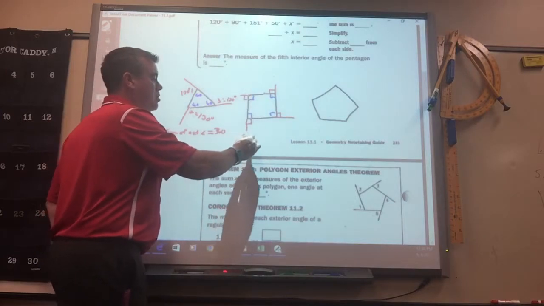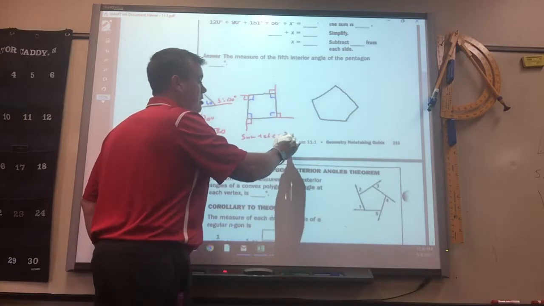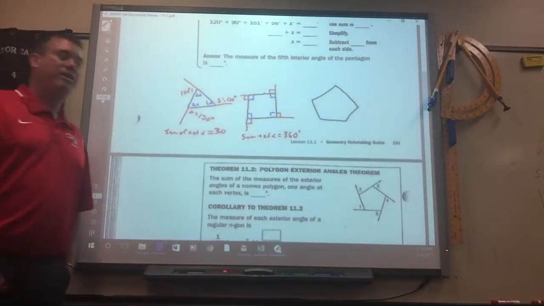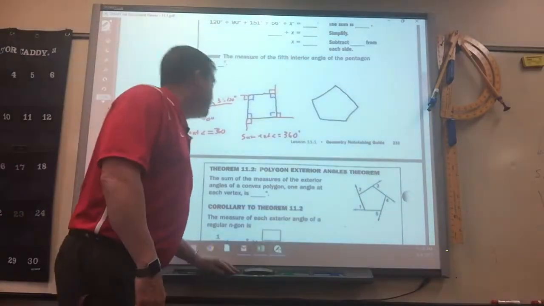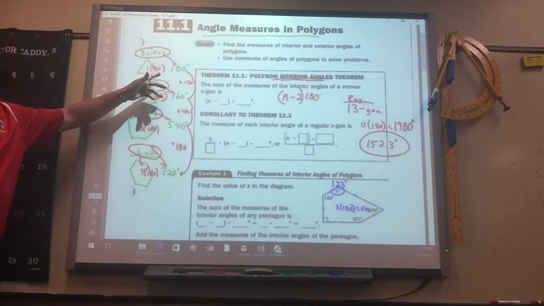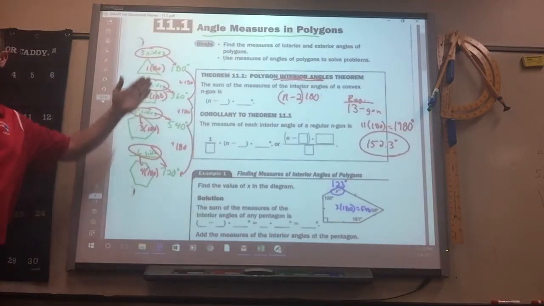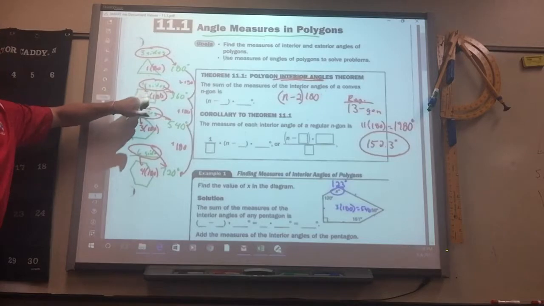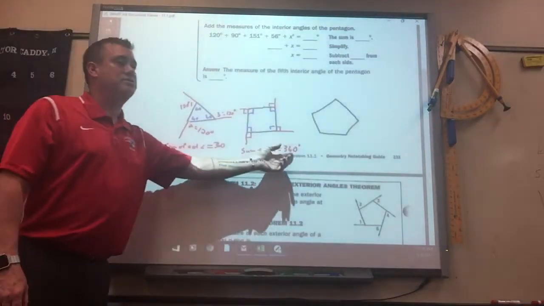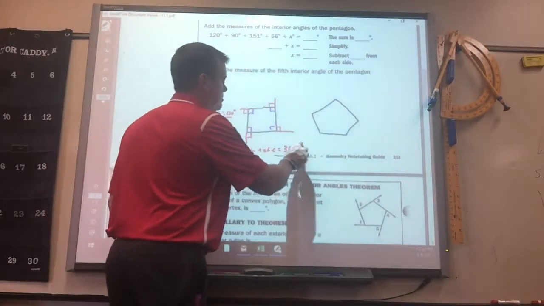The sum of the exterior angles is also 360. What they're getting at is that the sum of the interior angles changes. The more sides you have, the more degrees there are inside. But for exterior angles, the sum is always going to be 360.